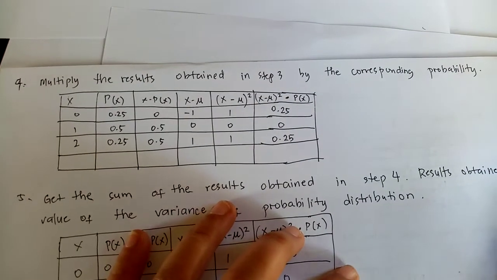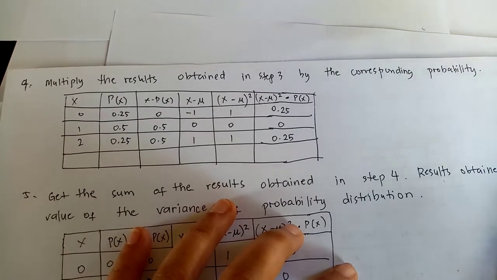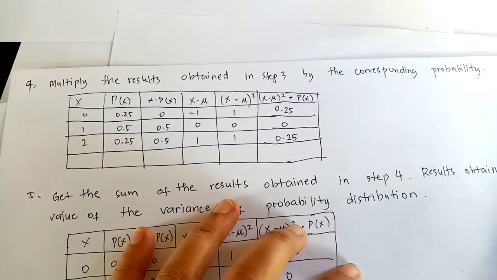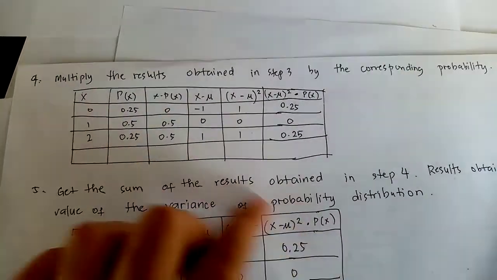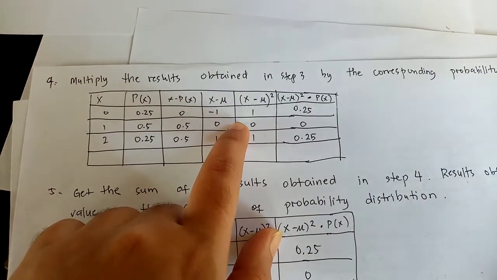Next step, multiply the results obtained in step 3 by the corresponding probability. So, yung na-obtain naman natin sa step 3 is yung square ng mean and random variable x.